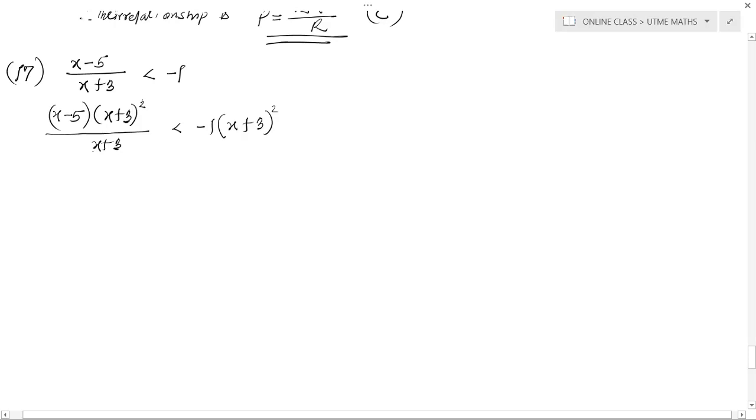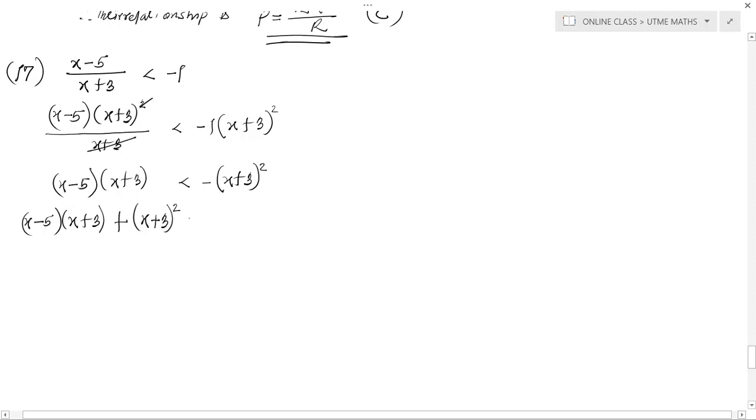So this cancels this and you are left with x minus 5 in bracket x plus 3 is less than minus x plus 3 all squared. You can observe that I've removed the 1; it's not necessary there. Then if you transfer the minus x plus 3 squared to the other side, we'll now have x minus 5 in bracket x plus 3 plus x plus 3 all squared is less than 0, because this minus will change to plus when you get to the other side.